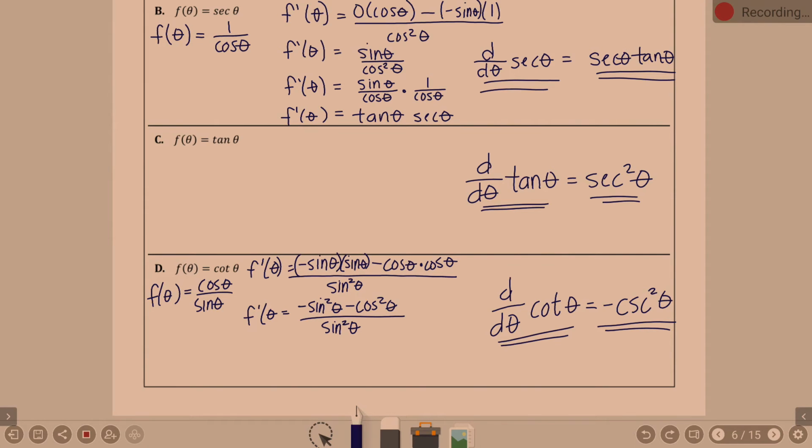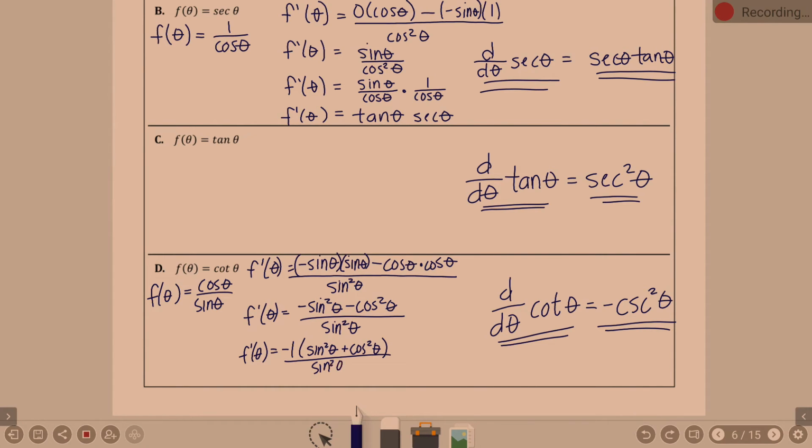So the connection to make here, both terms in my numerator are negatives. You can think about factoring out a -1. And if you factor out -1, then I have sine squared theta plus cosine squared theta all over sine squared theta.